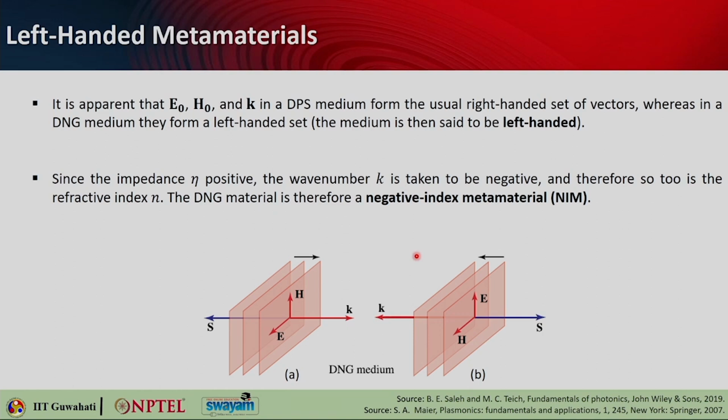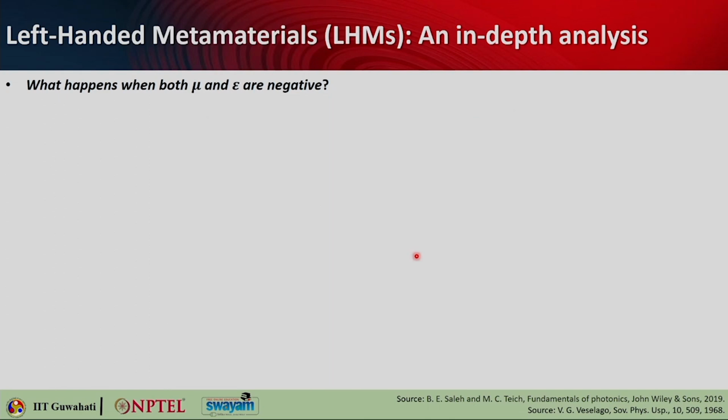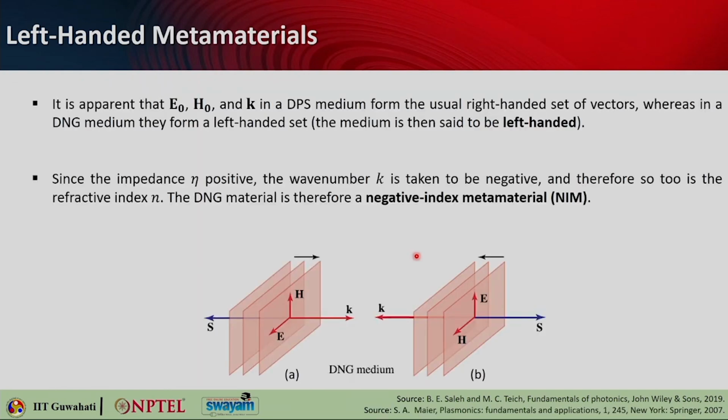Before we go there, here you can also see that the wave propagation happens in this direction, but when you take E cross H, that happens in this direction, right. So the wave propagation and the Poynting vector are in opposite directions. So the energy flow will happen in the opposite direction of the wave propagation.